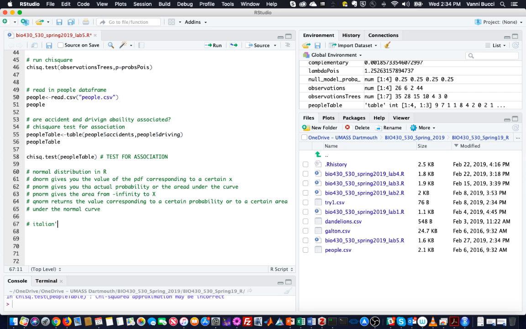Six years old kids, height is a random variable which is normally distributed with mean 131 centimeters and standard deviation of 10.